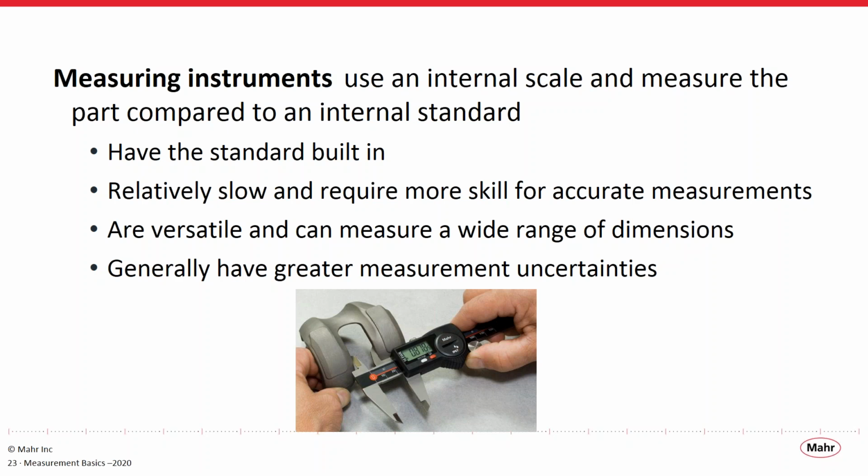It can measure a large range of dimensions, but it's relatively slow because it requires more skill by the user for accurate measurements. And because there's more operator involvement, misalignment of the tool and so forth, they generally have greater measurement uncertainties.